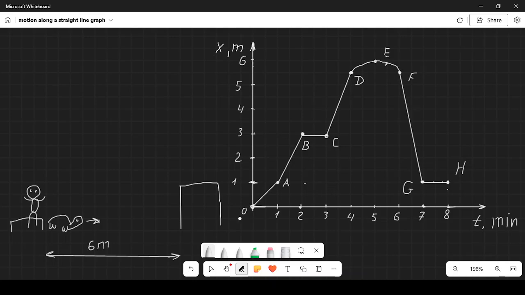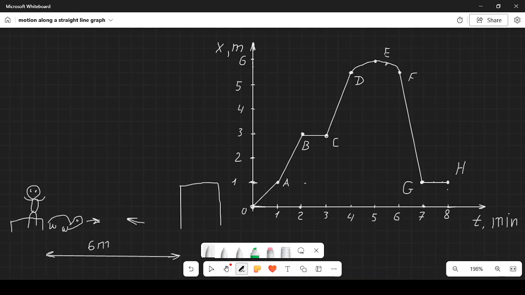So maybe, I don't know, our turtle saw its friend and rushed ahead, yeah, rushed ahead to its friend. And what happened at this point? At this point, our turtle is only 1 meter from the bench.